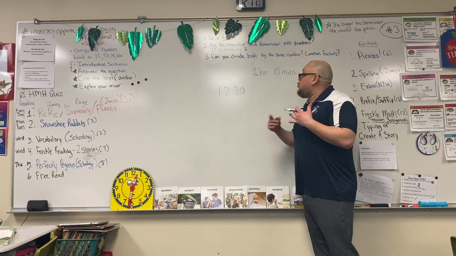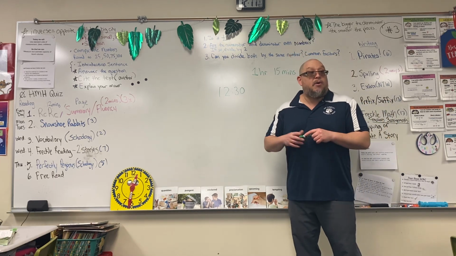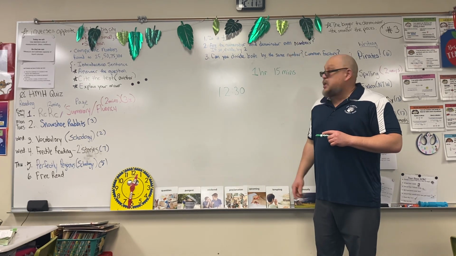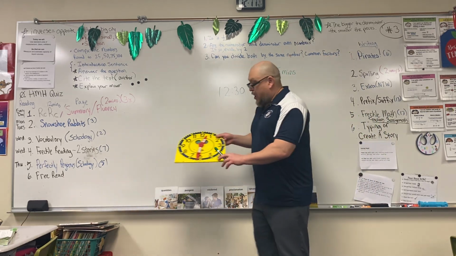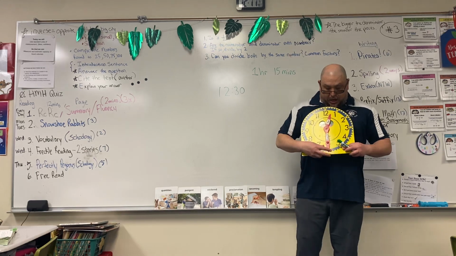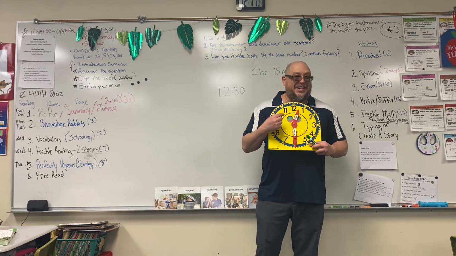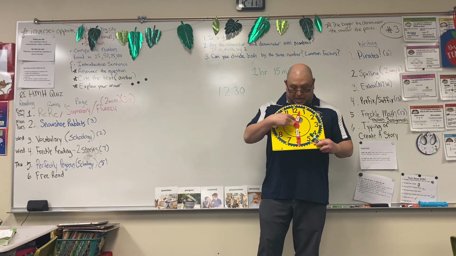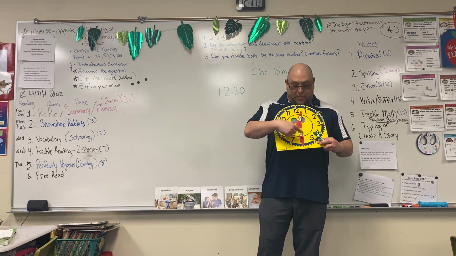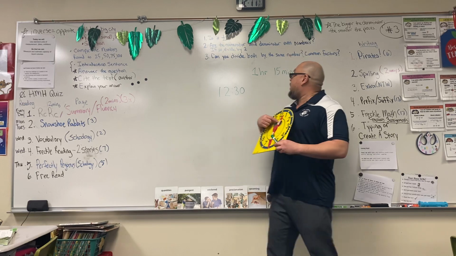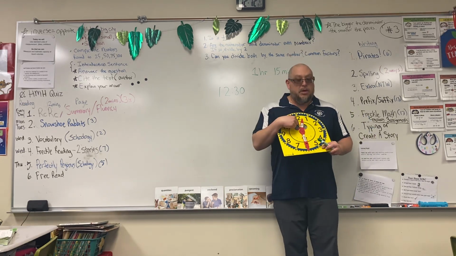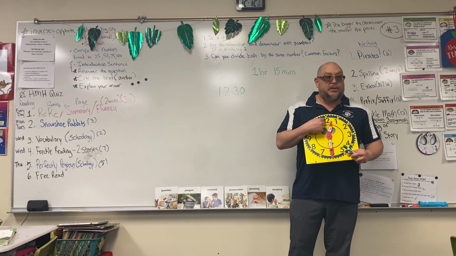Now, what I like to do when I'm doing time, I like to go for hour first. How many hours are we going past? 1. So if I already have it at 12:30, I'm going to move the hour hand, and lucky enough, this thing actually can move when I move the minute hand, right? But we're not doing that. We're doing the hour first. 12:30, how many hours am I going for? 1. Right, well, I'm already halfway between 12 and 1.